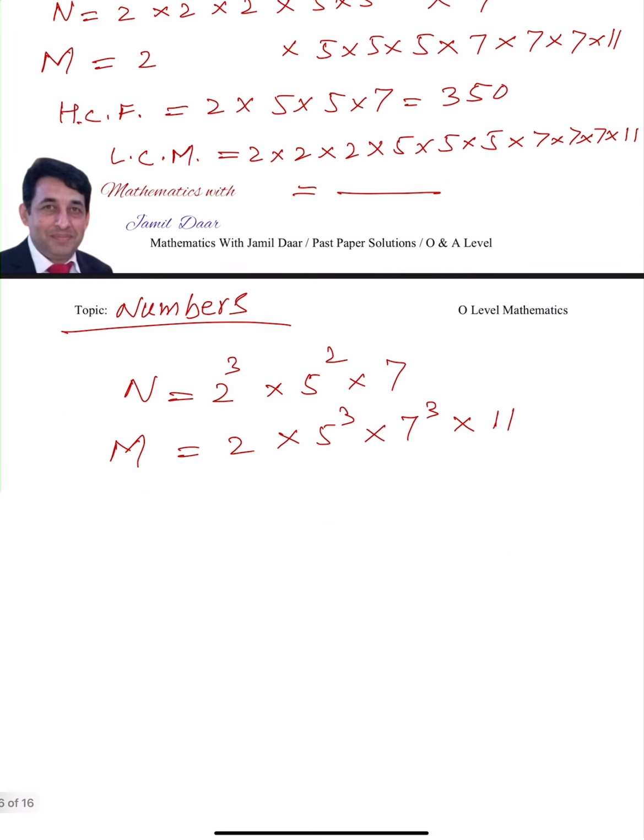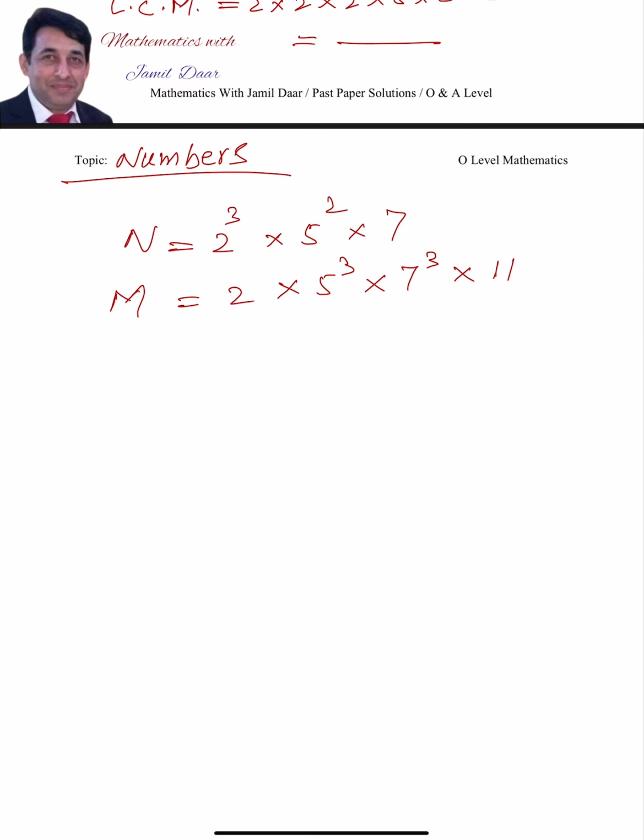By using this method, the HCF is the highest power of the common factors. The highest power of 2 common to both is 1, because 2 is common in these two, so 2 raised to the power 1.